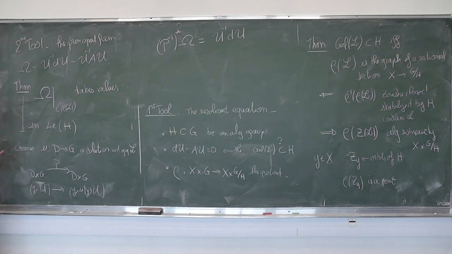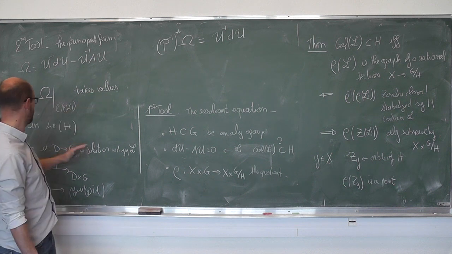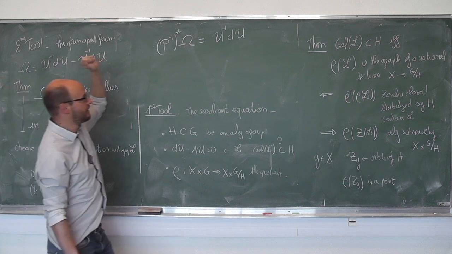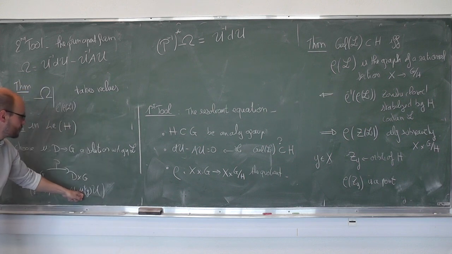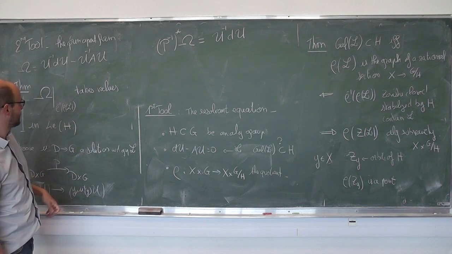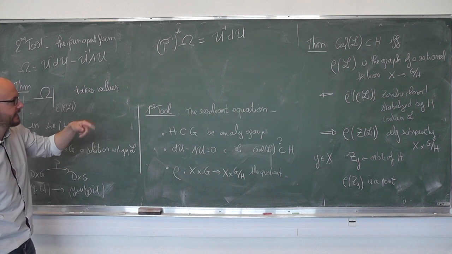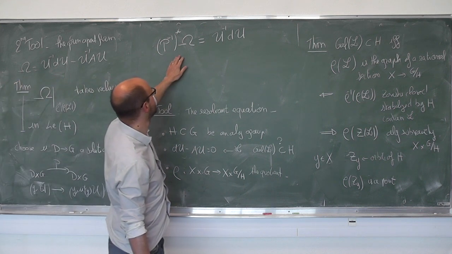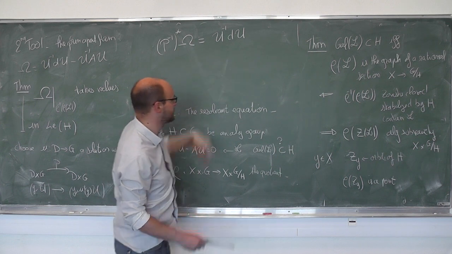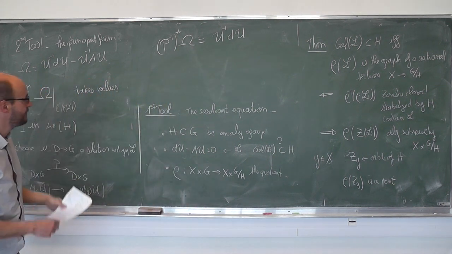What happens is that this gives a kind of rectification of your form. So this is just computation. You put this formula in the formula for omega. You write that this is a graph of a solution, that it satisfies d of the graph is a times the graph, and so you get this. It's just computation.